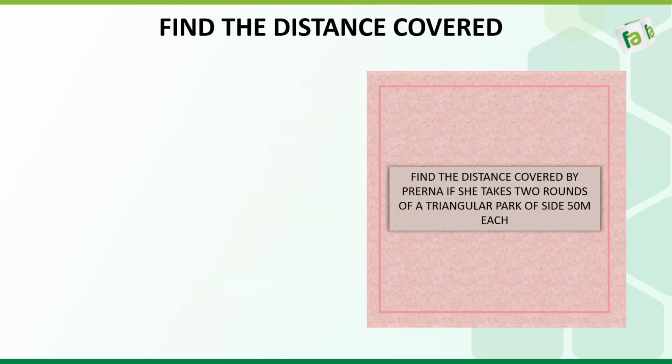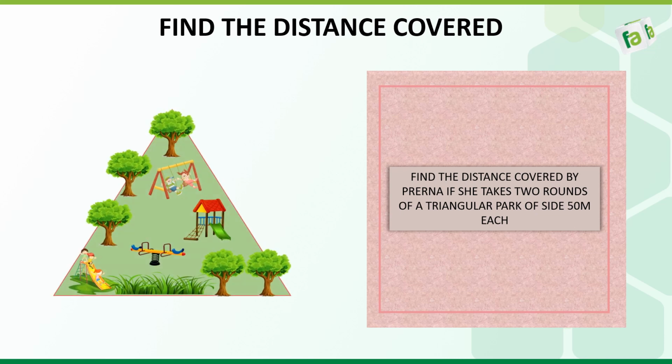Now, find the distance covered by Prerna if she takes 2 rounds of a triangular park of side 50 meters each. So, Prerna takes 2 rounds of a triangular park and we have to find the distance covered by her.